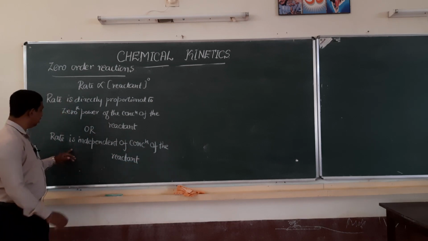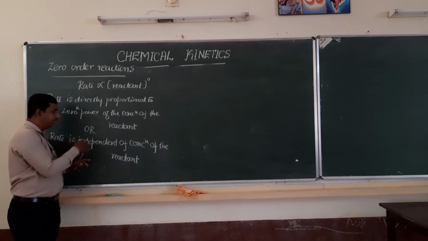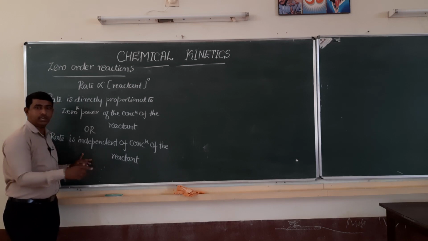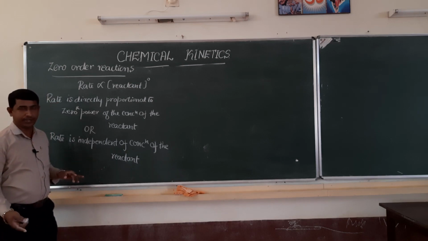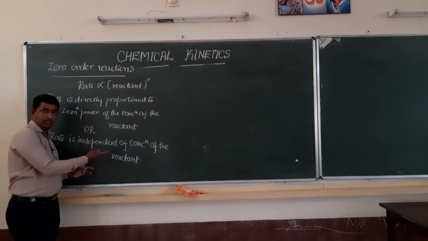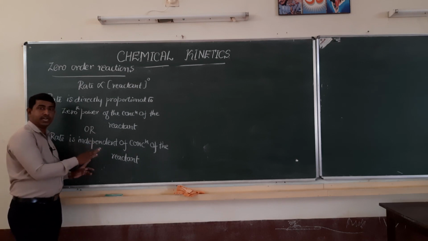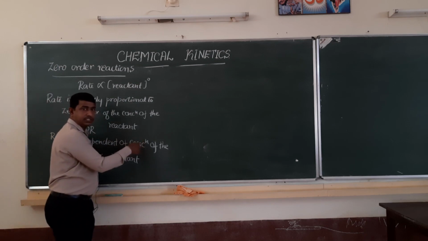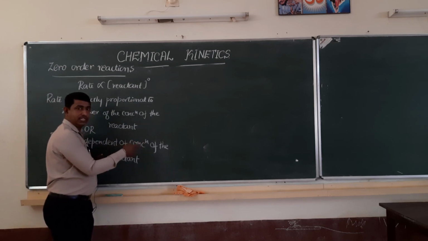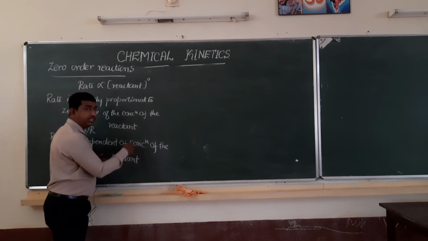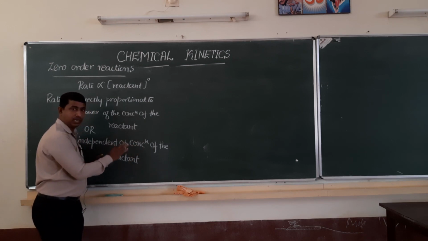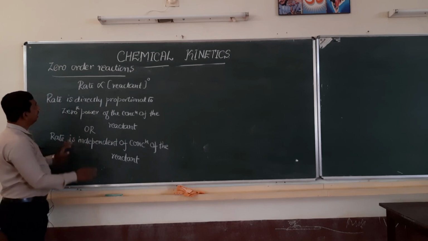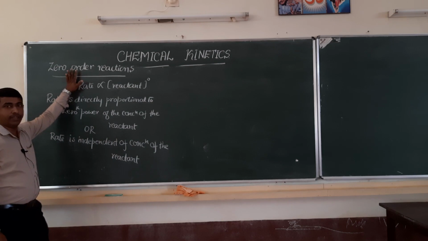So in a given reaction, if the reaction rate does not change on varying the molar concentration, usually on varying the concentration, rate also varies. Suppose on varying the concentration of the reactant, the reaction rate remains as it is, then that reaction is considered a zero order reaction.